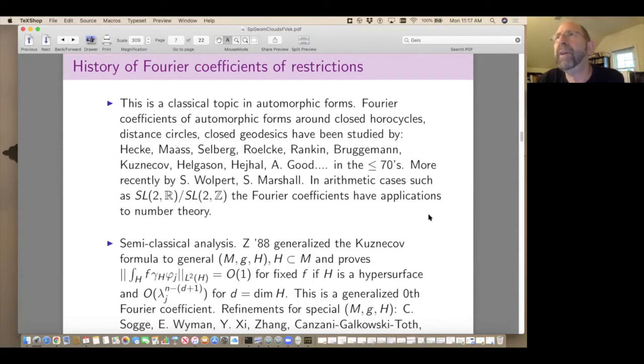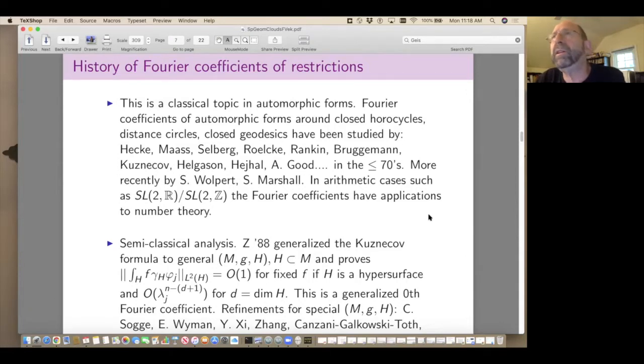So you take the upper half plane and divide by a discrete subgroup, usually co-compact or finite volume. And the reason people did that is that ever since the 1880s, people realized that the Fourier coefficients contain very important information.